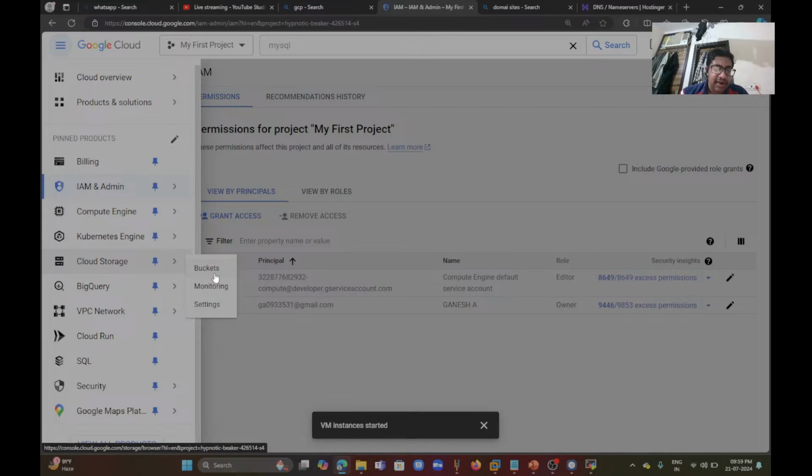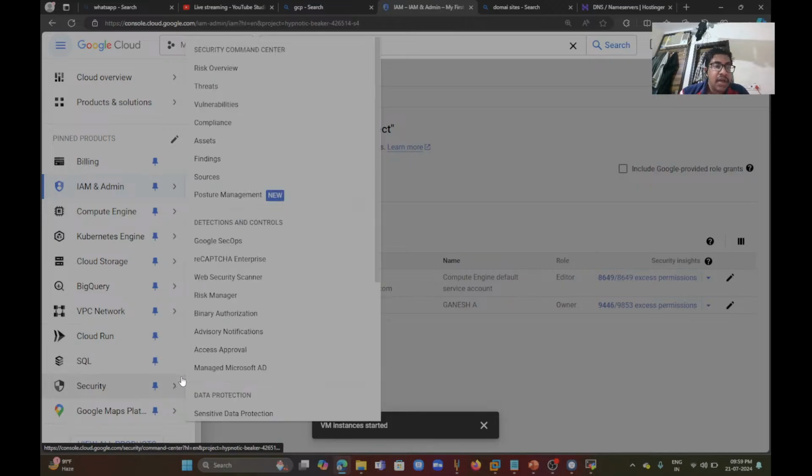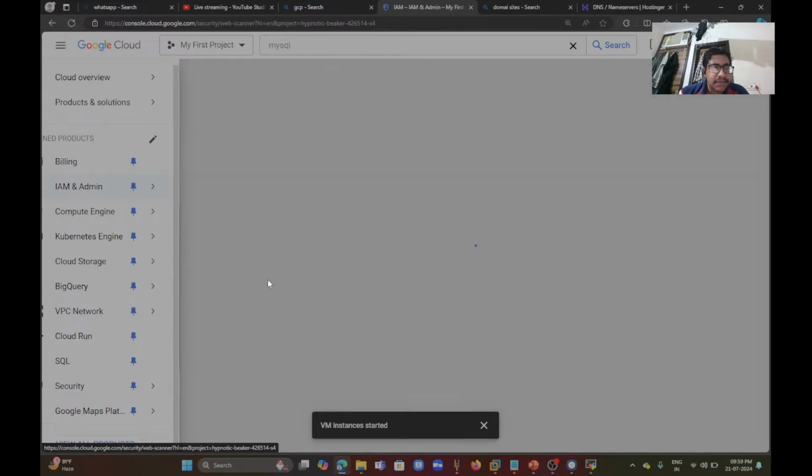S3 buckets are available in AWS, and like this cloud buckets are monitored. Billing, product and solution, SQL purpose, SQL database security, vulnerabilities, assets, patch management, binary, risk manager and web security scanner.